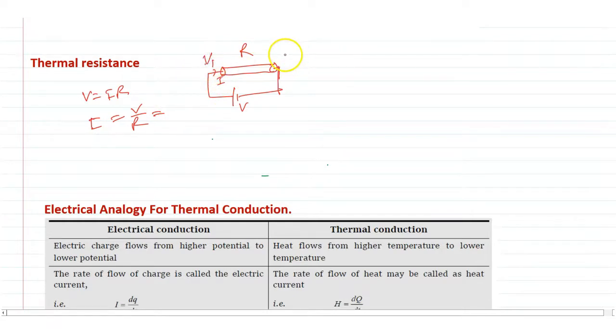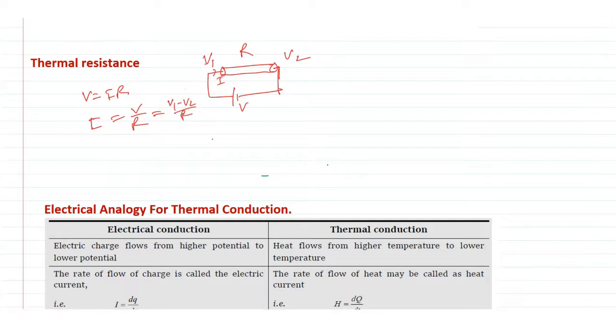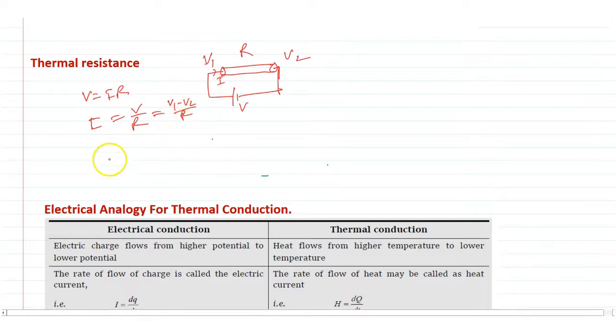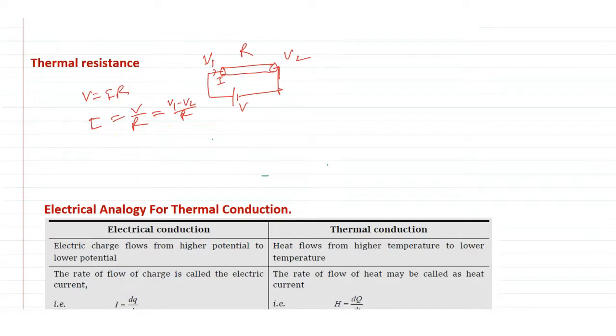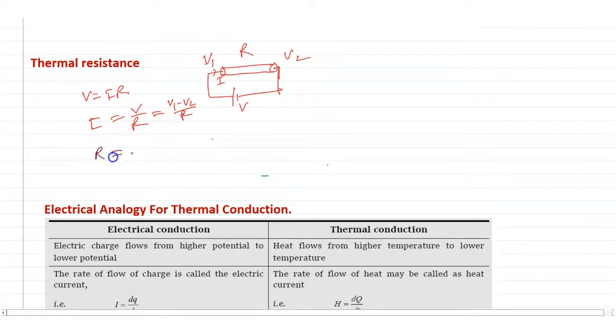Suppose this side has potential V1 and this side potential V2, then I equals (V1 minus V2) by R. And you know R is the resistance, and you have studied R equals rho into L by A.